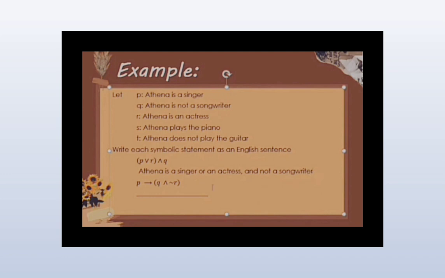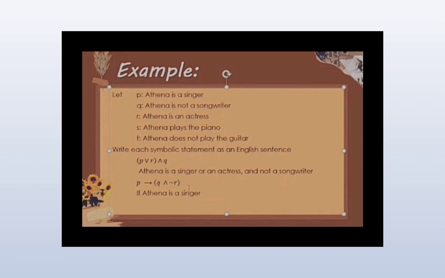For the second one, we have here P implies the quantity of Q and not R. So the statement will be, since it is an implication, we'll start with if.